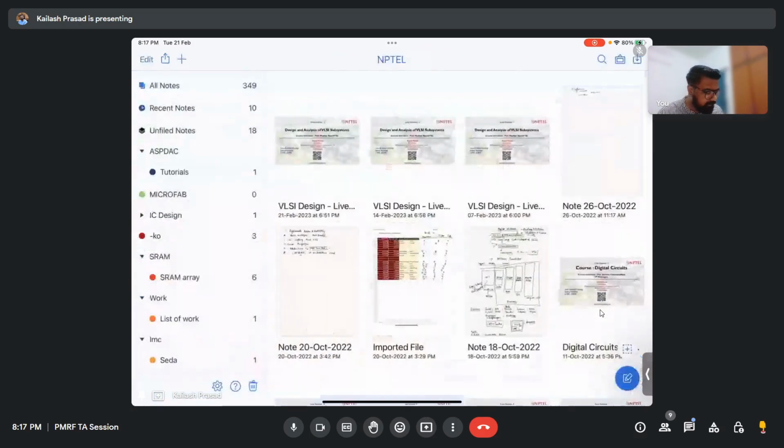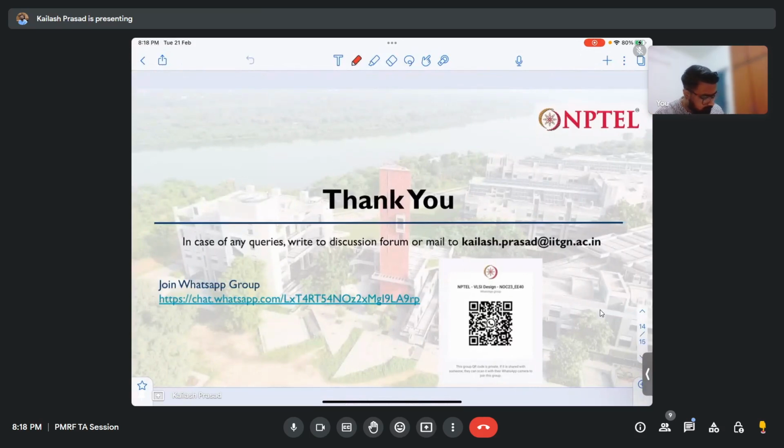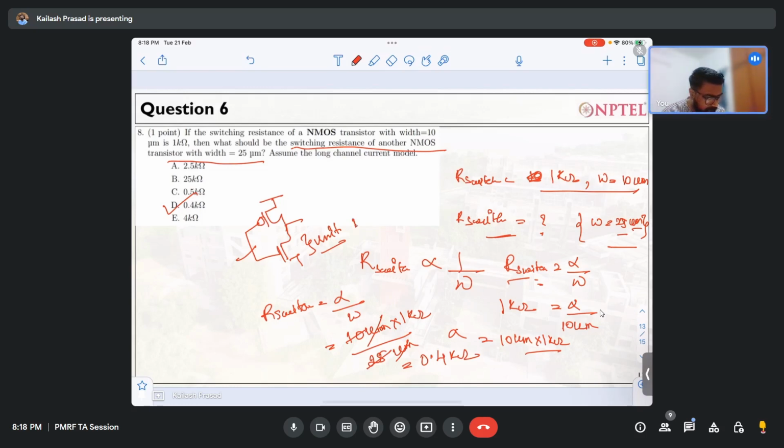So if you want to design a unit inverter, what do you mean by unit inverter? If we are taking 180 nanometer technology, then L will be 180 nanometer, both for NMOS and PMOS, LP and LN.